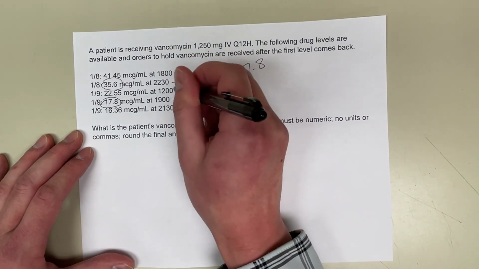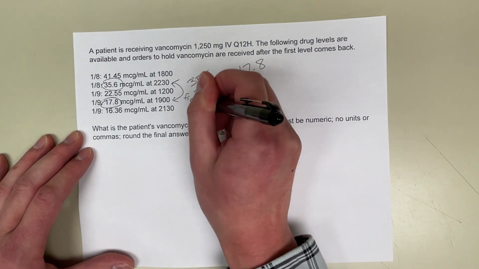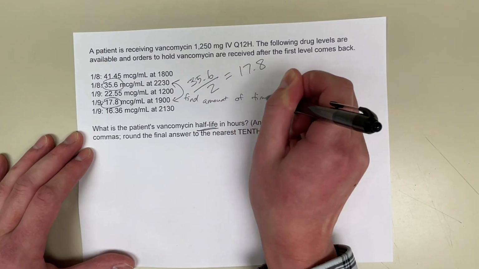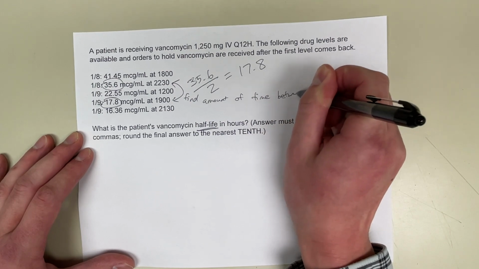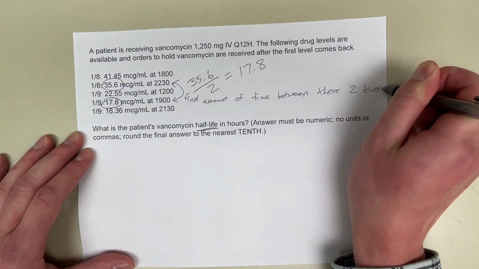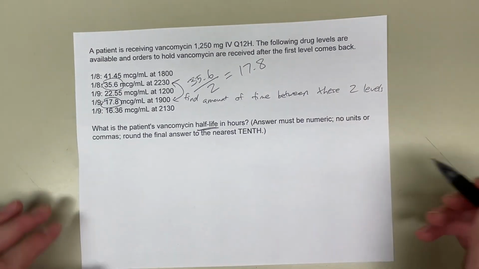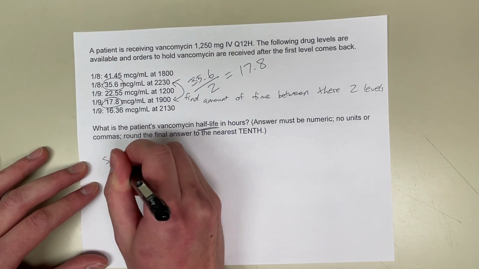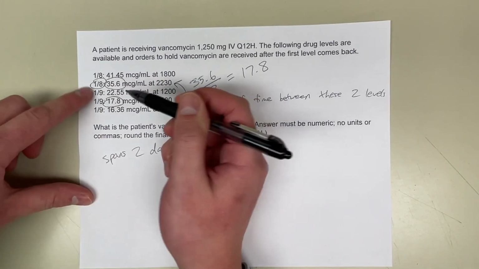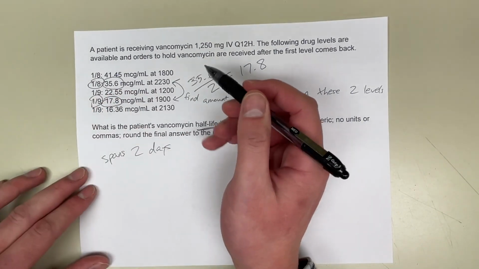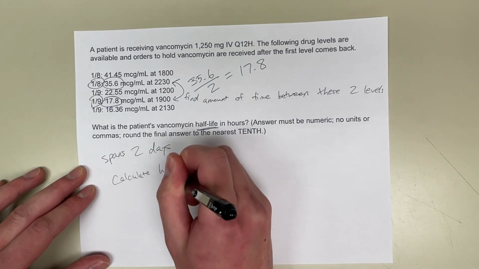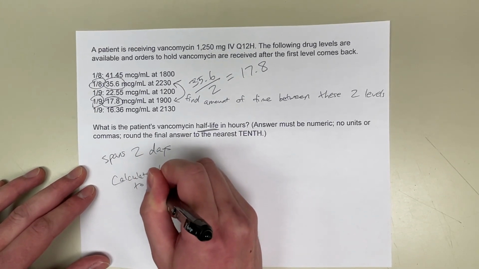So a goal here is to find the amount of time between these two levels. Since this spans over 2 days, January 8th and January 9th at these times, it's easier to calculate the hours to midnight.